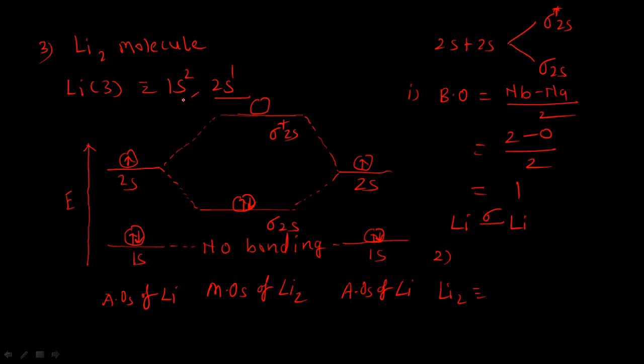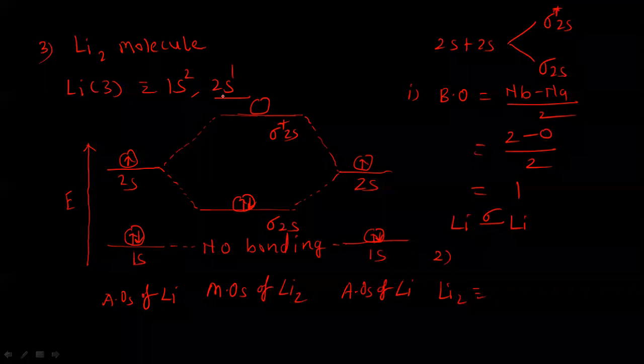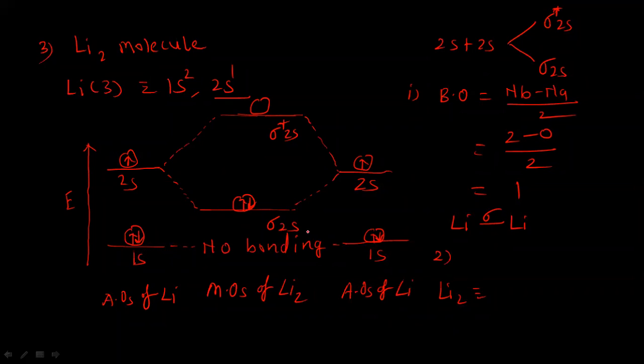Just like in the atom, we represent the electronic configuration 1s2, 2s1 for the lithium atom, the same will be done here for the molecule. So we cannot directly write 1s 1s, but we can put another symbol.